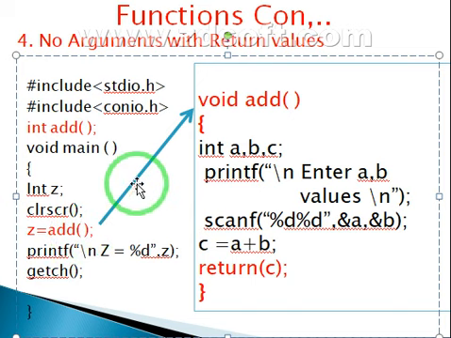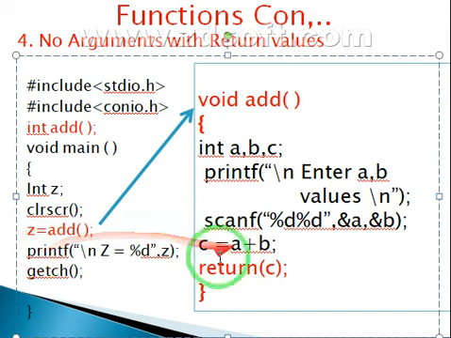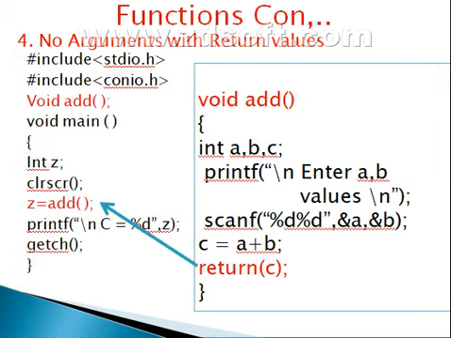The control goes directly to the function and executes its lines. After adding the two values, we return the value to the called function, so the return value is assigned to z. We print the value here, then getch is there, then the program execution is over.